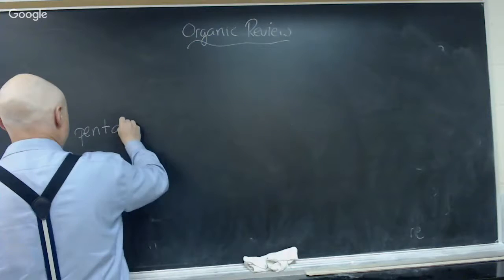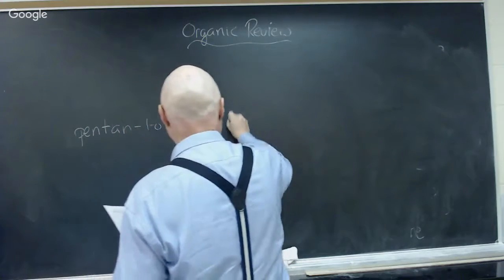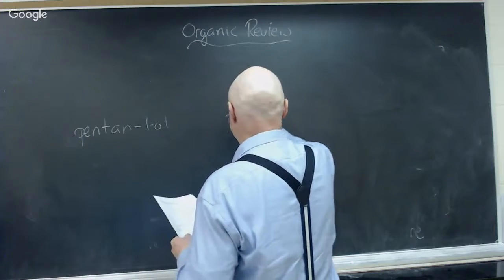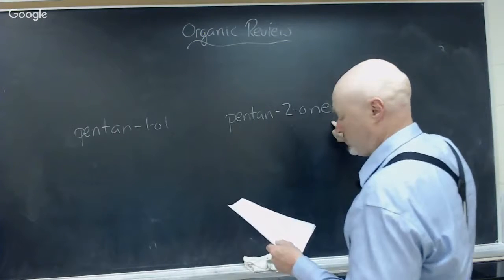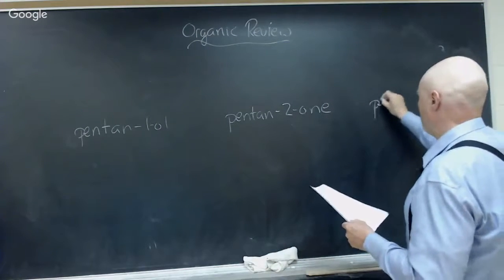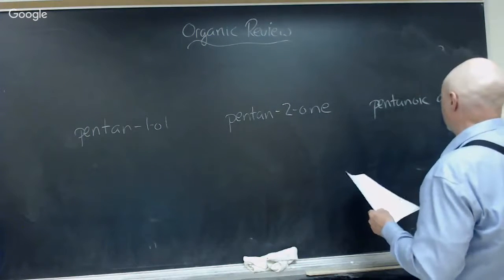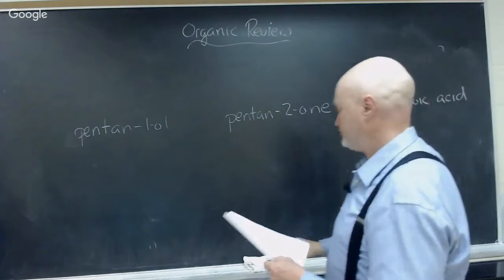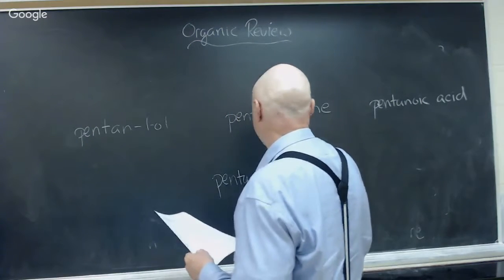So pentan-1-ol, there's an alcohol for you. Pentan-2-one, there's a ketone. Pentanoic acid, there's a carboxylic acid. And here's our pentane.